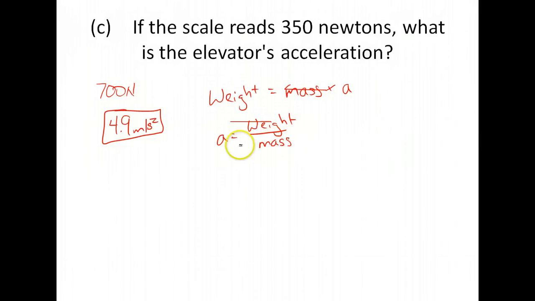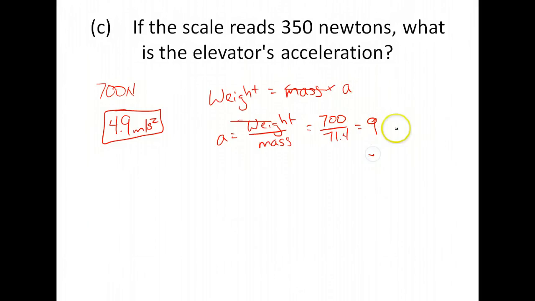Well, to find the acceleration, we just go weight divided by mass, okay? And so when we do that, we know that the weight of the person was originally 700, and we divide it by the mass, 71.4. So 700 divided by 71.4 gives us 9.8 meters per second squared. Okay, and that was the original acceleration of the object.